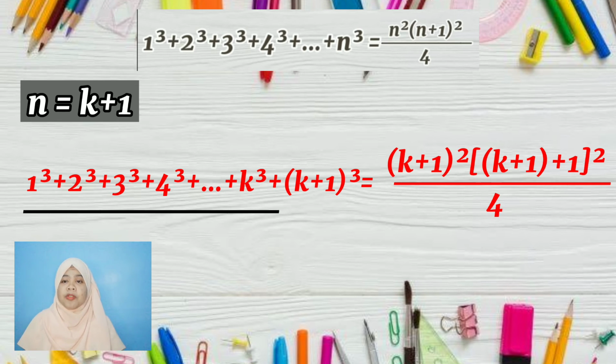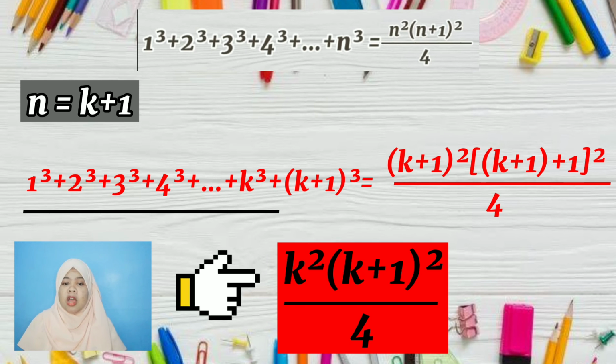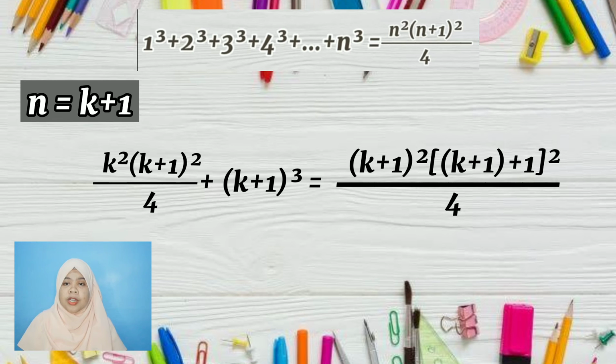Next, this portion of the equation will change into this. So we have k squared times (k plus 1) squared all over 4 plus (k plus 1) cubed is equal to (k plus 1) squared times (k plus 1) squared all over 4.